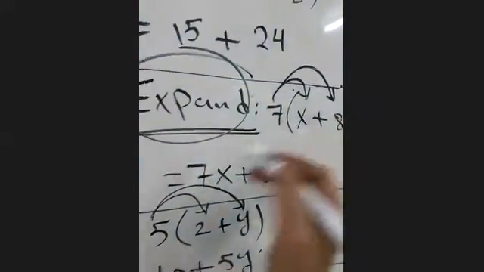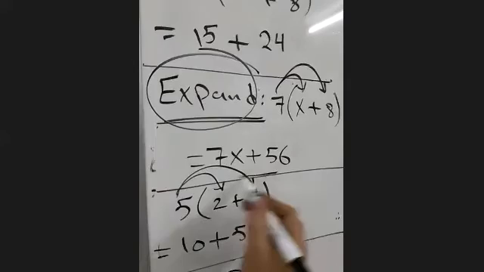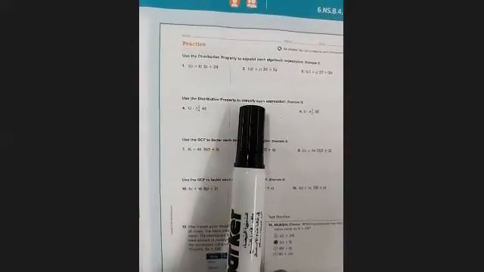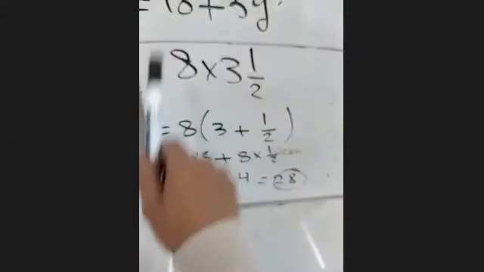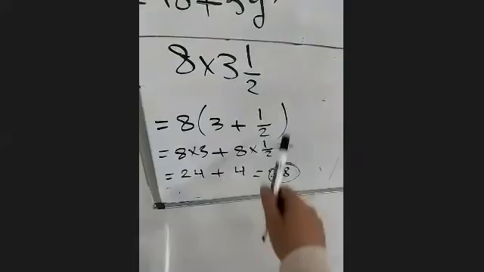Expand. Distribute. Find the answer. Don't forget that. Read the second question here. Use the distributive property to simplify each expression. A number multiplied by a mixed number, using the distributive property. Don't forget it.